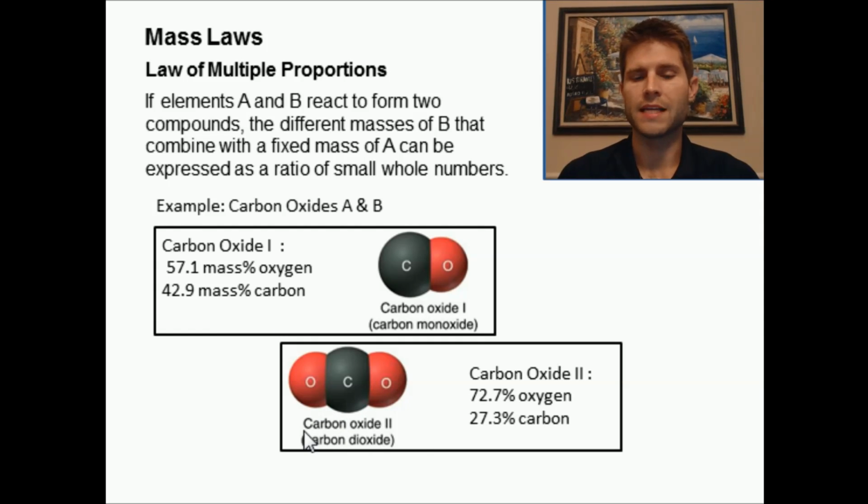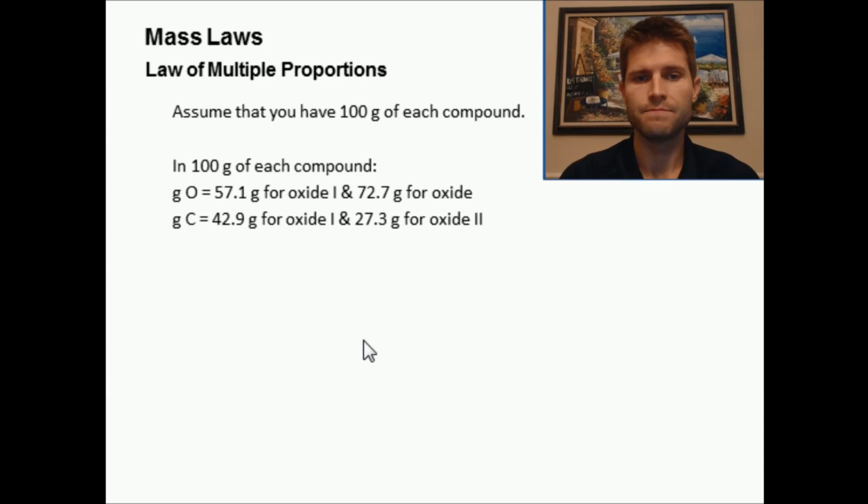We can do a mass percent breakdown there. It is now 72.7% oxygen and 27.3% carbon. So these are very different mass percent breakdowns, but they're both oxides of carbon. So carbon has the ability to combine two different ways with oxygen. And that's what we have here. We form two different oxides.